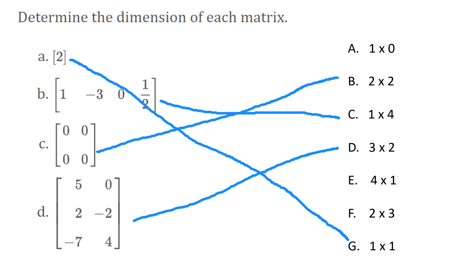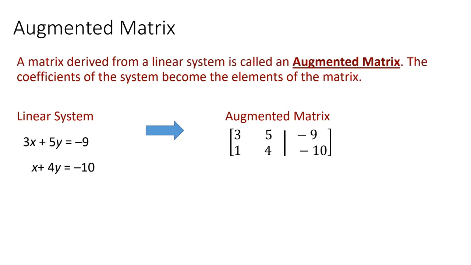Now, what we want to do to use matrices to our advantage is convert a linear system into a matrix form, and this matrix form has a particular name, and it's called our augmented matrix form.